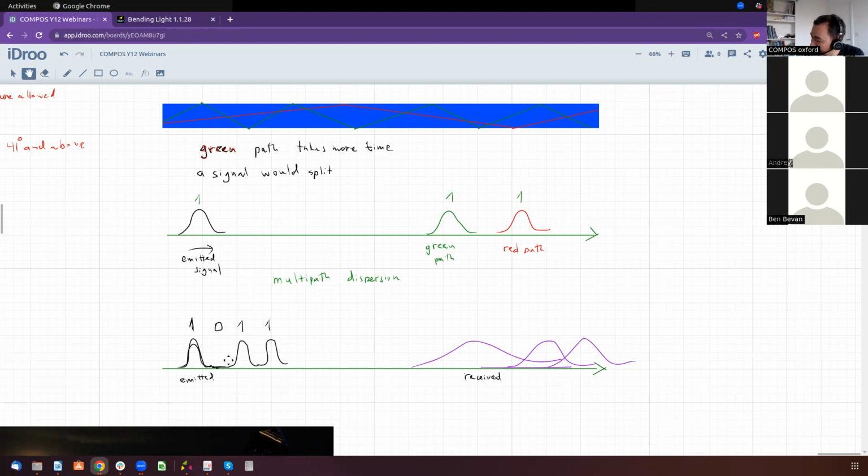The main purpose of the cladding is to increase the critical angle in order to reduce the time difference between the different paths taken by the signal. So it effectively removes part of the signal in order to make it cleaner, which is wonderful.